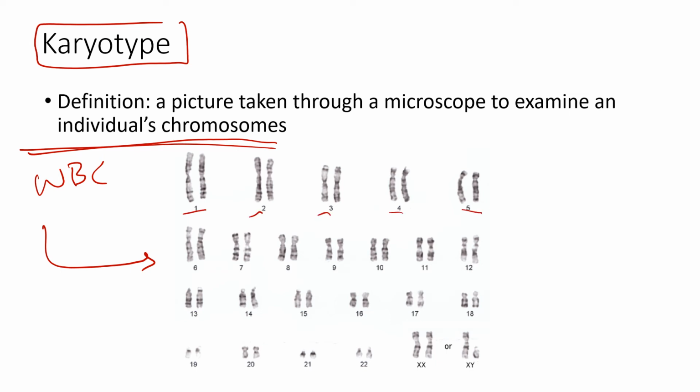As you can see, these are homologous, meaning they have similar shape, similar form. If you count this, there are 23 pairs, but here is the XX or XY. This is the sex chromosome, and the rest are the autosomes.